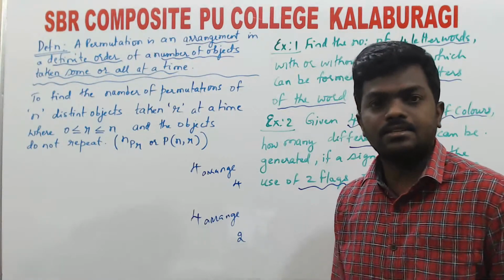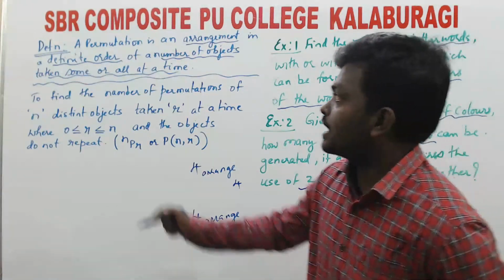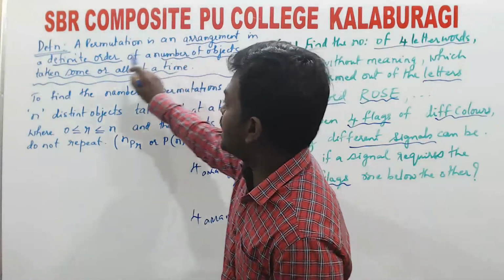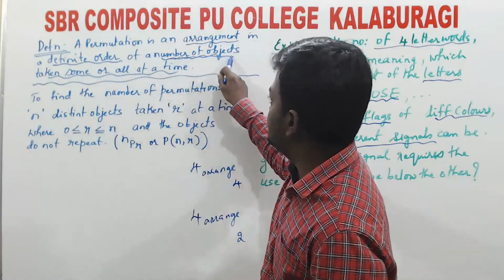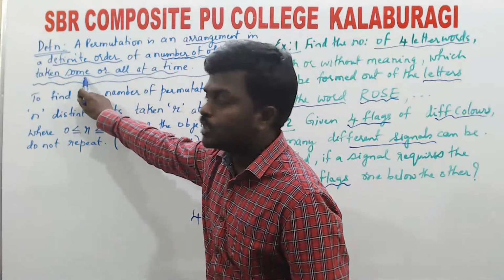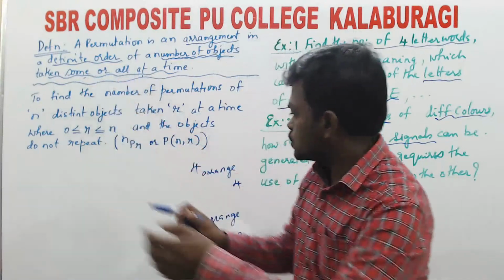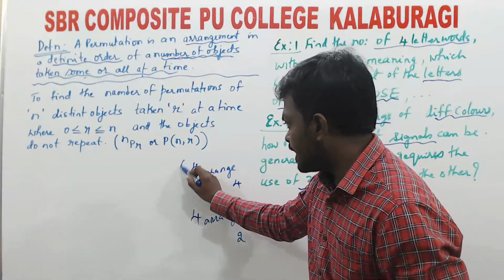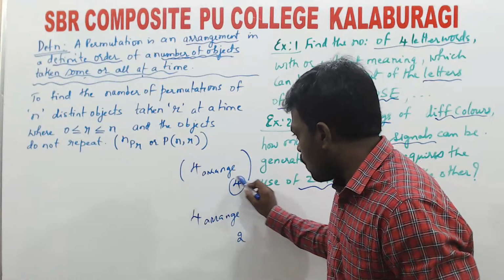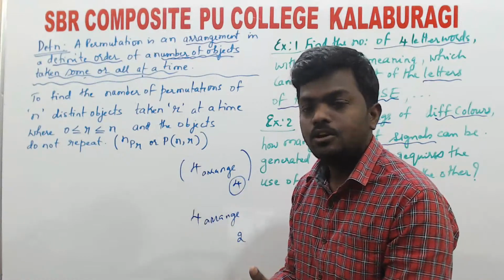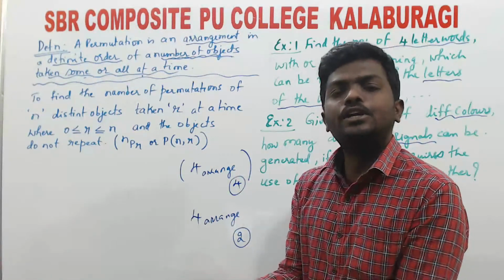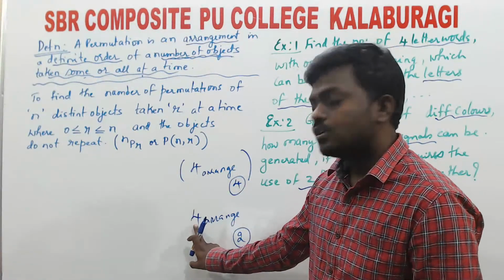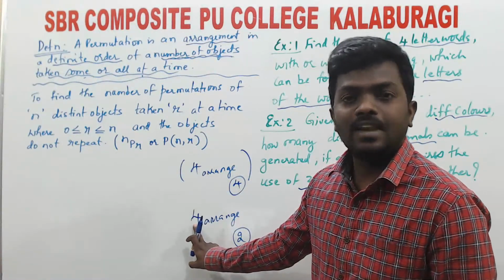So what we have done here: a permutation is an arrangement in a definite order of a number of objects taken some or all at a time. In the first example, we have taken all four and arranged, and in the second example, we have taken only some, that is only two out of four different flags.